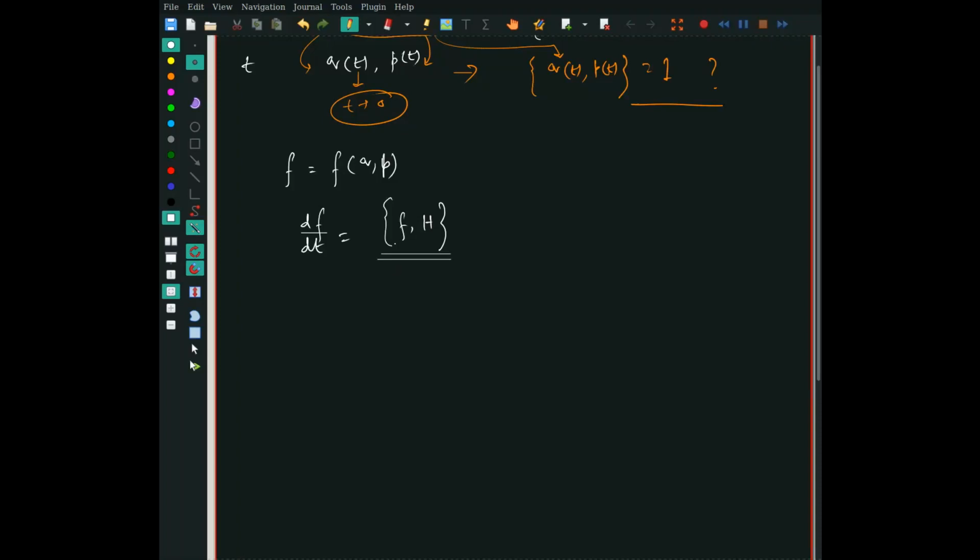So if a system has any conserved quantity, the easy way to check would be whether that quantity Poisson commutes with the Hamiltonian.